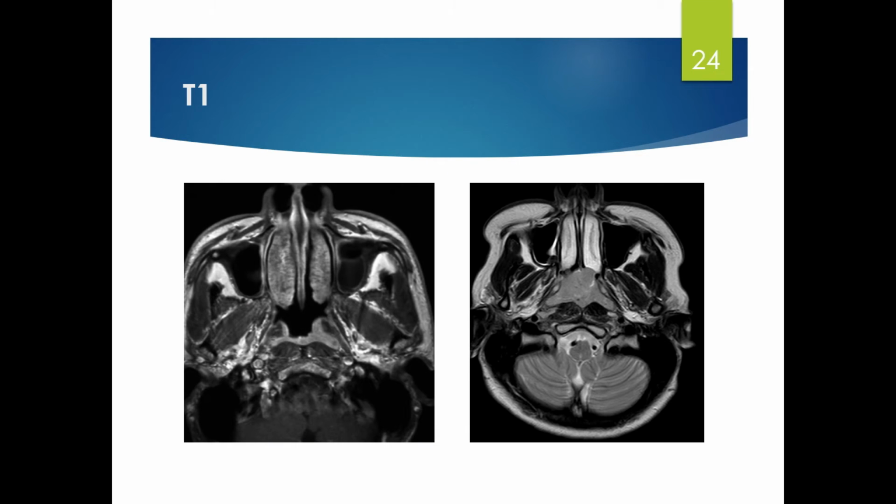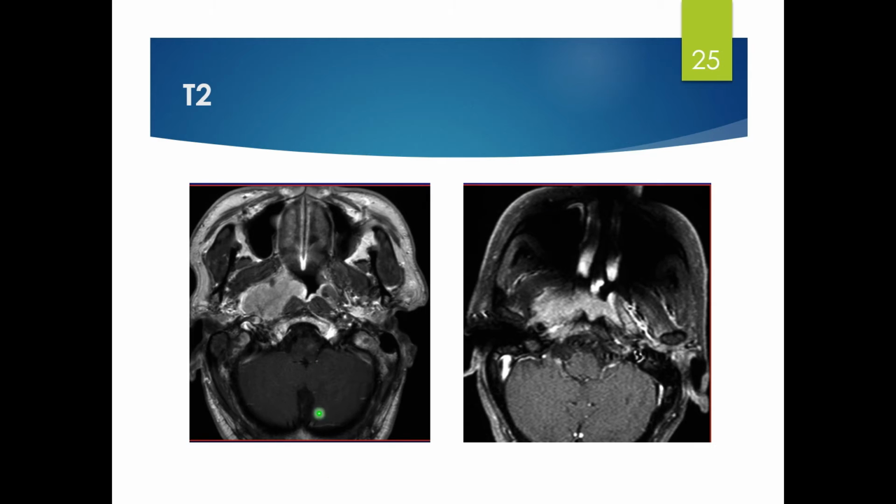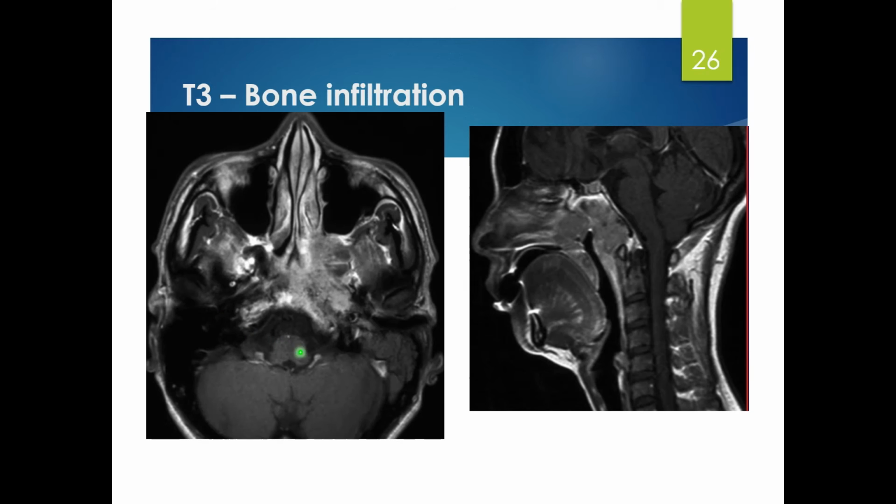Okay, this is T1 radiological staging. You can see the tumor is confined to the nasopharynx. This is a T2 tumor with parapharyngeal extension and soft tissue involvement. This is T3, where the tumor has involved the bony structures of the skull base and vertebra.